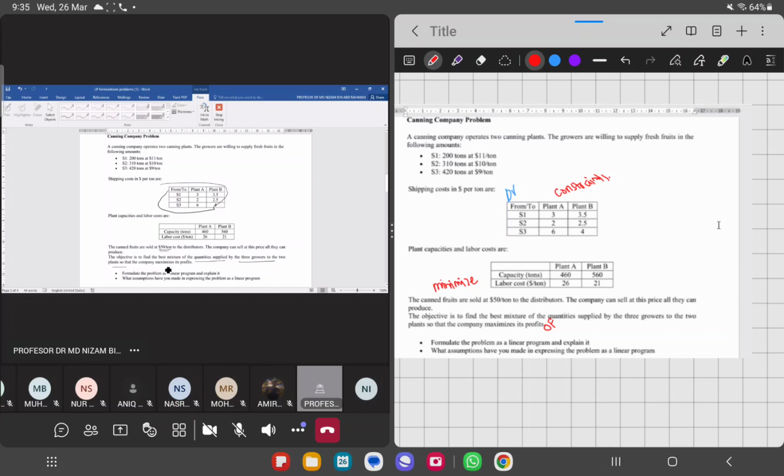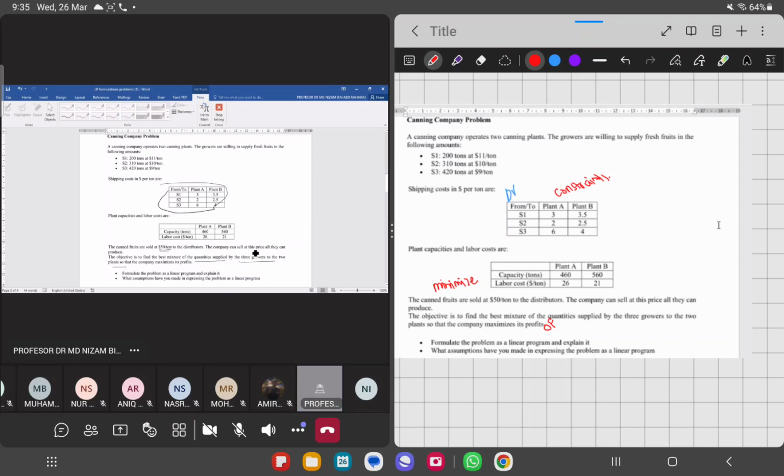Anybody? It's stated here. Quantity supplied. Yeah.